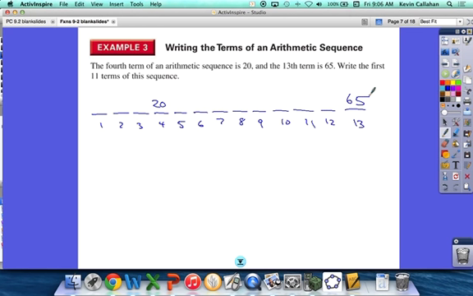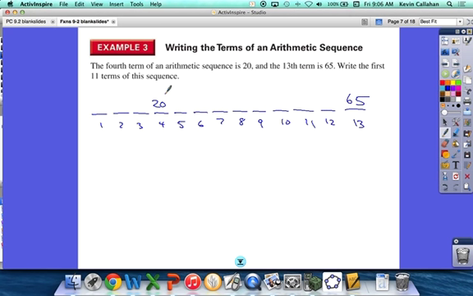Okay, so what number do we need to know for an arithmetic sequence? Which number do we need to know in order to go from the fourth term to the fifth term? The common difference, right? We don't know that exactly. But we know that in order to go from the fourth term to the 13th term, how many times are we going to add the common difference?